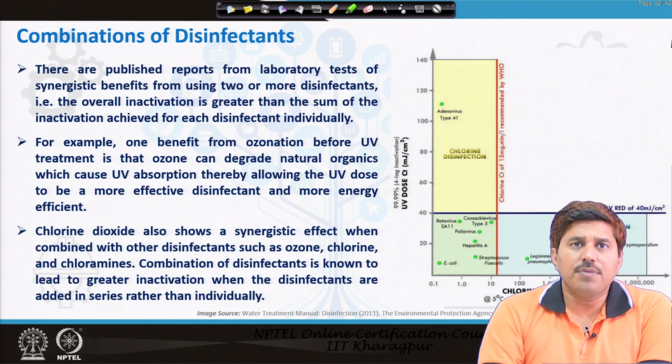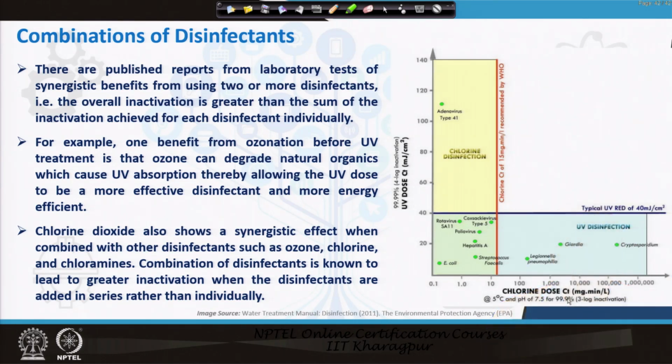Many times a combination of disinfectants is also recommended, but very rarely used. Laboratory tests have shown that there are synergistic benefits to using two or more disinfectants together, so that overall inactivation can be higher than that of the two independent systems.